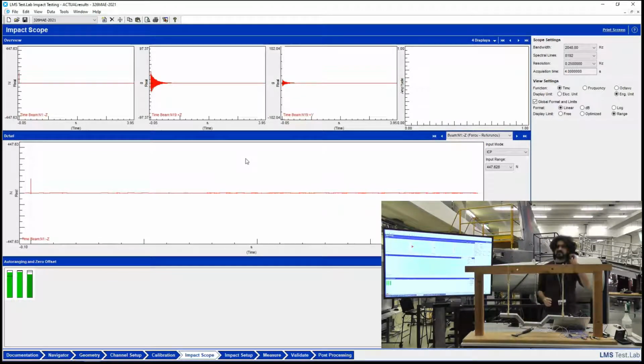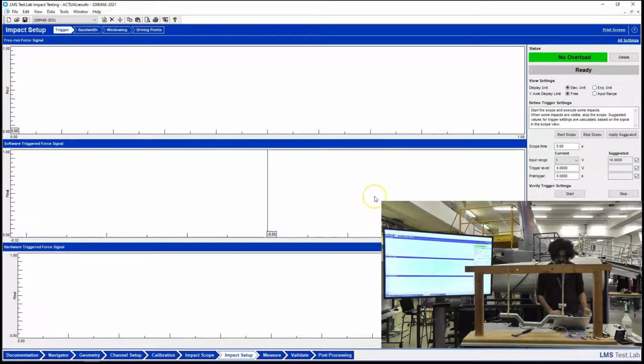Now everything is set up, everything is working correctly. Let's go to the measurement setup. We just want to make sure that the trigger is working.